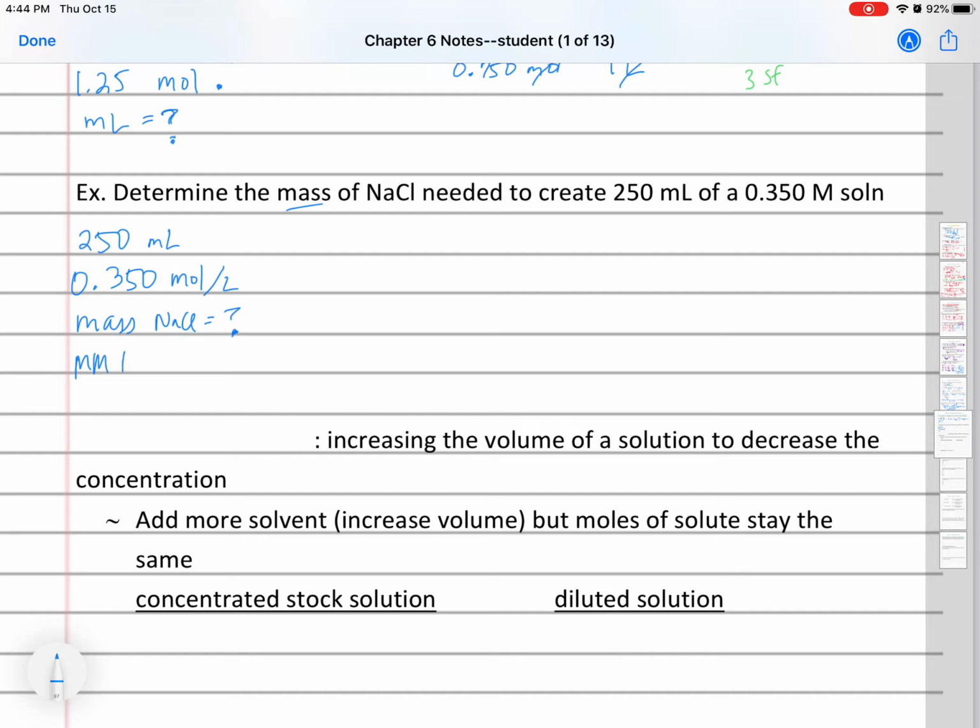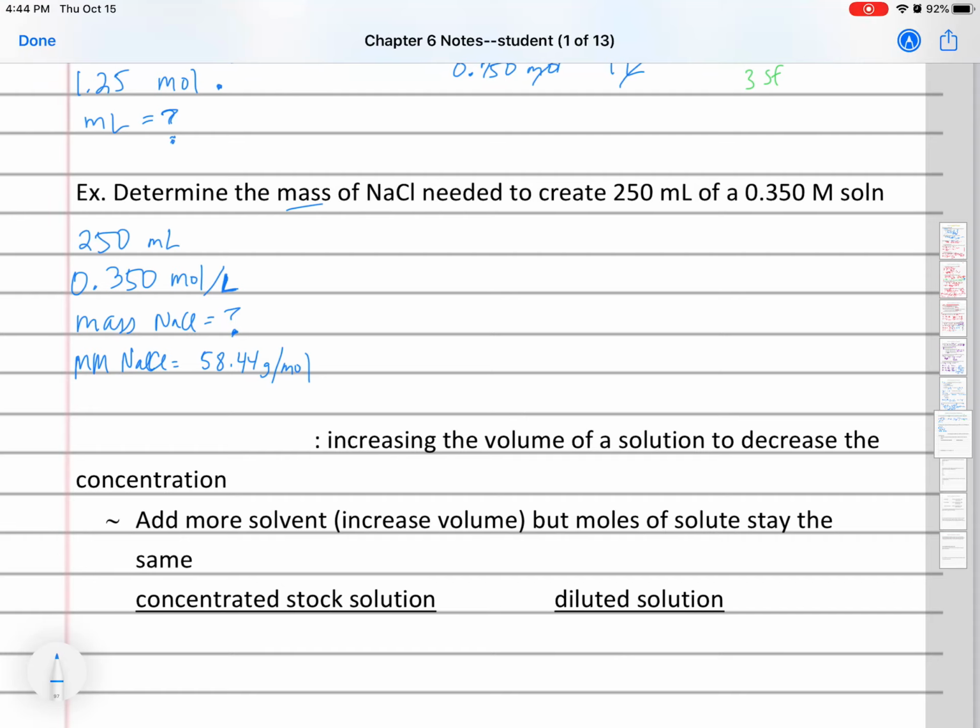The molar mass of NaCl, I can calculate, is 58.44 grams per mole. So I have grams per mole, I have moles per liter, and I have milliliters. So I kind of just want to arrange these in a dimensional analysis problem so that my units all cancel out.